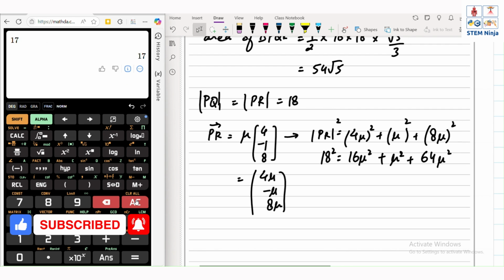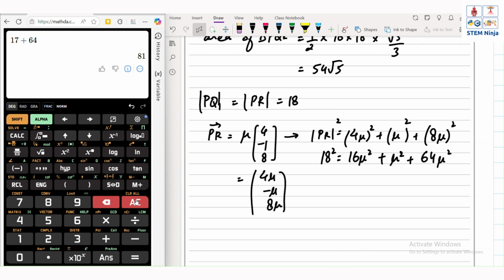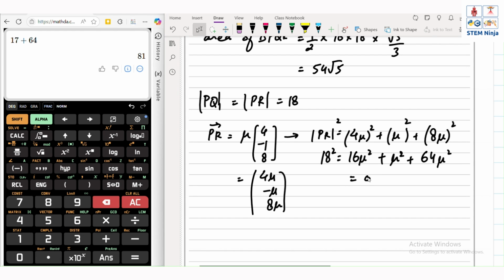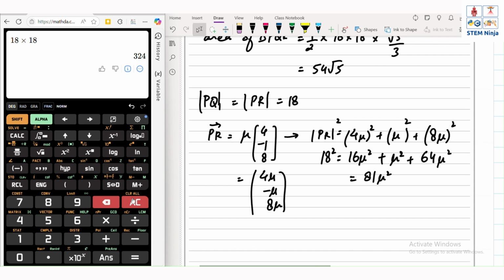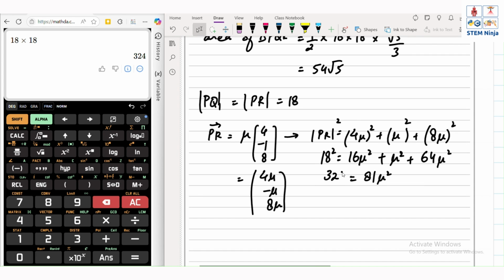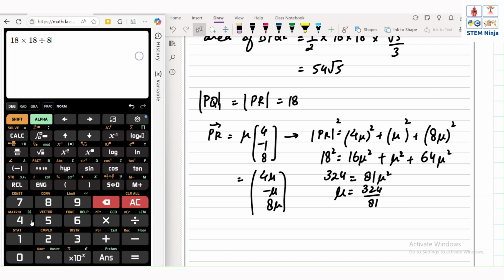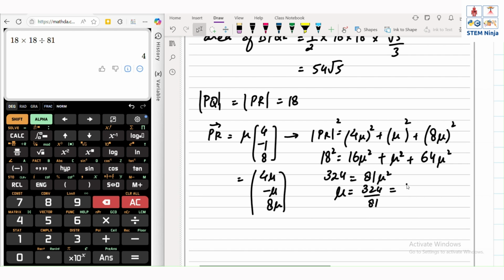So 81 mu squared equals 324, so mu squared is 324 over 81, which is 4. Therefore mu is equal to plus or minus 2.